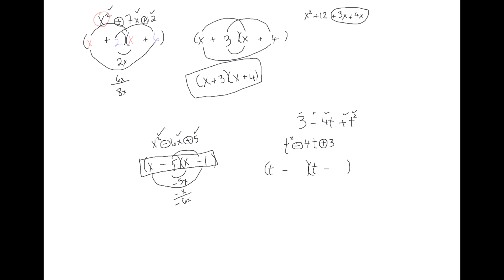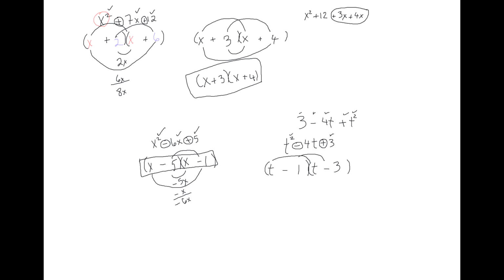What am I going to try for this number here? Multiply to give me 3, but add up to give me negative 4. Oh yeah, that's a good one. Negative 3 times negative 1 is positive 3. This is already t squared.